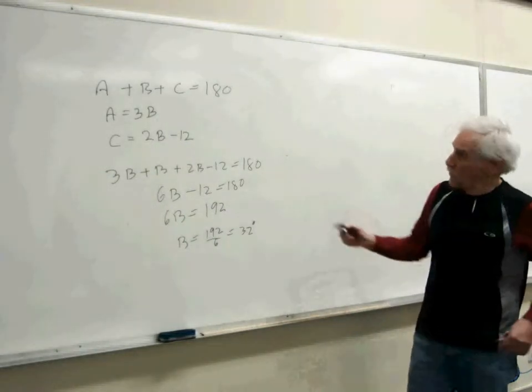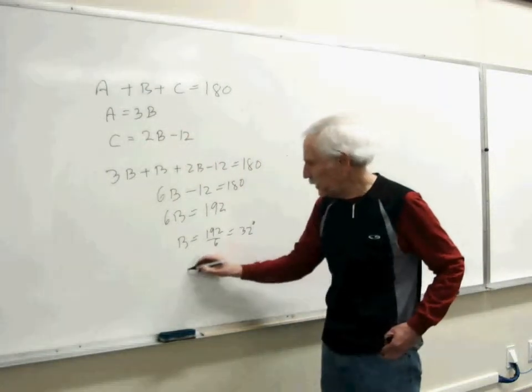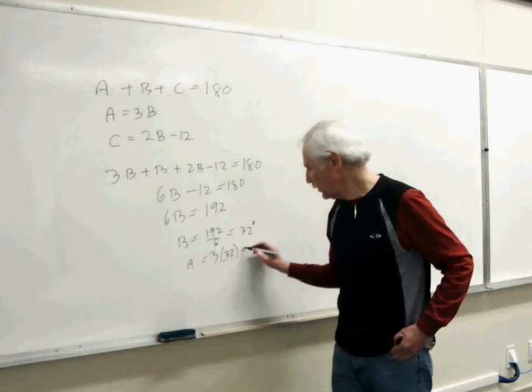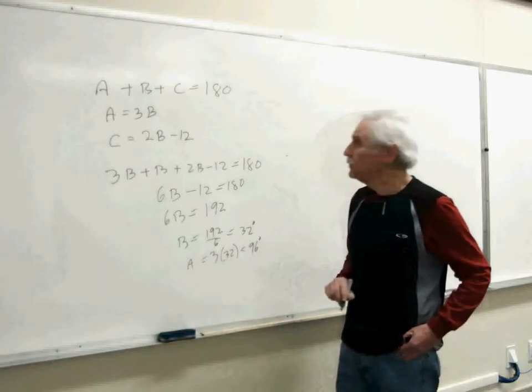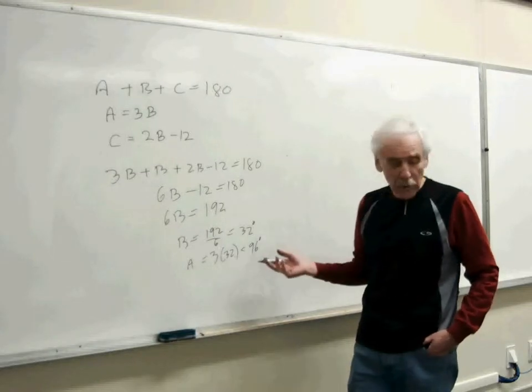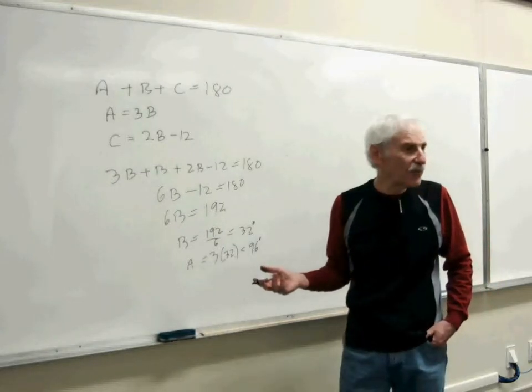Well, if B is 32 and A is 3 times B, then A is equal to 3 times 32, which looks like 96 degrees. Okay? And C is whatever is left over from 180, right?